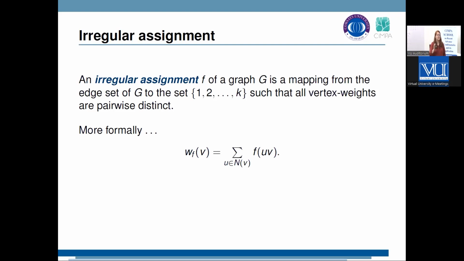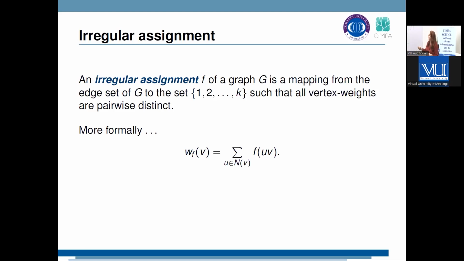We have a very similar definition. Just one condition is now dropped. This is almost like anti-magic labeling, but here we can repeat numbers. When we require that the edge labels are distinct, we have anti-magic labeling.